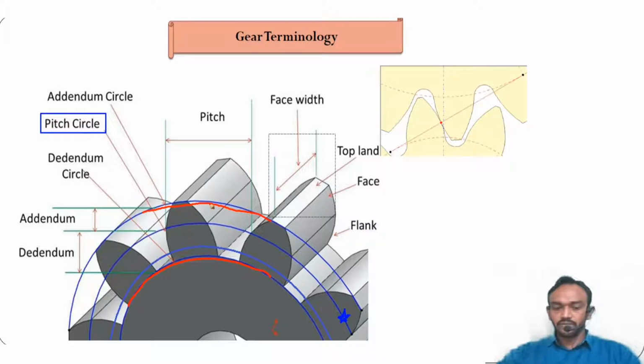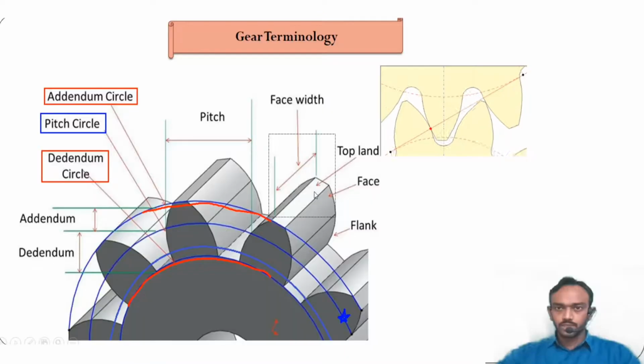So these are two definitions, addendum circle and dedendum circle. The addendum circle is at the top, the dedendum circle at the bottom, and midway, not exact center, as per design, the pitch circle will be at the mid part of the gear.